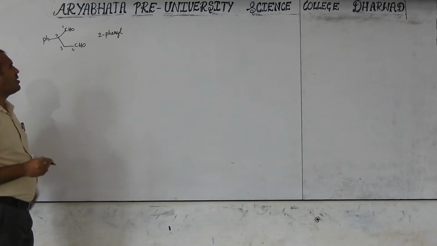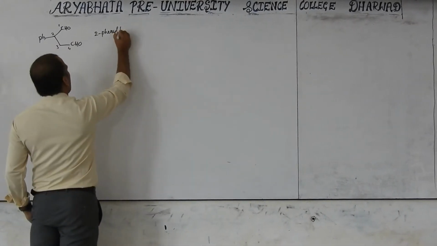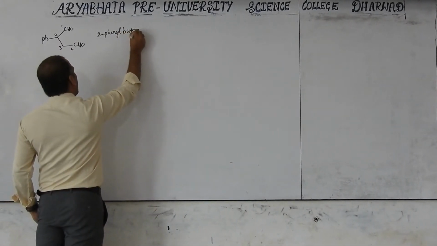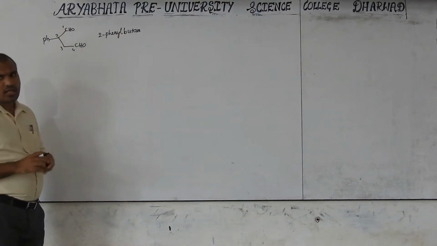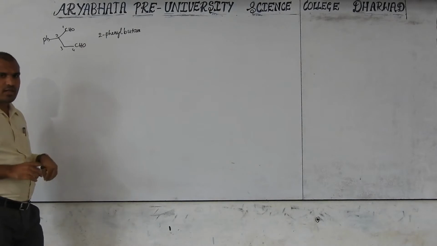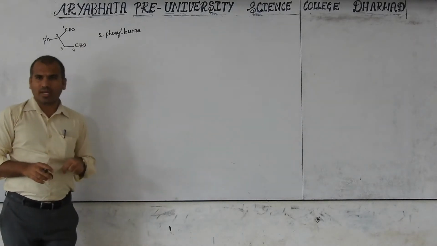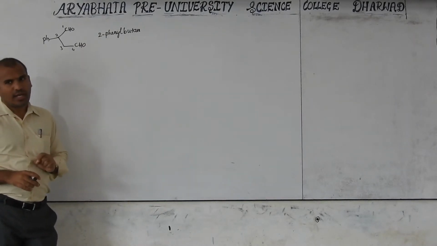Total 4 carbons are there, then it is called butane, and "al" because the carbon number is counted.